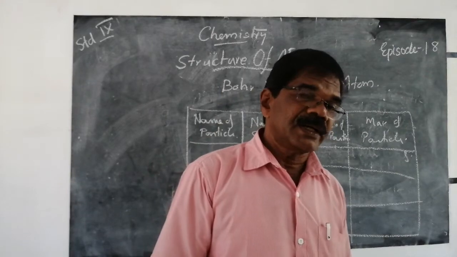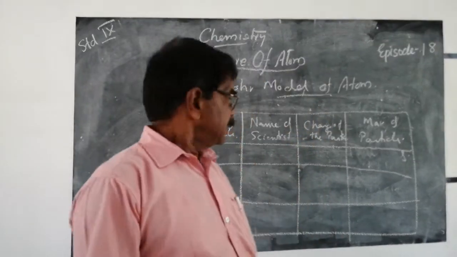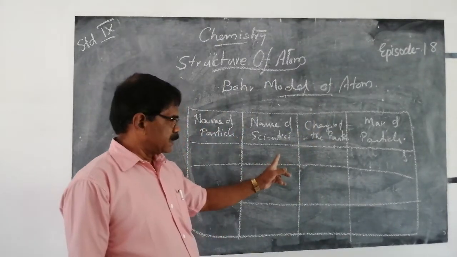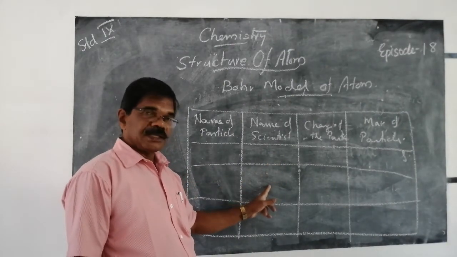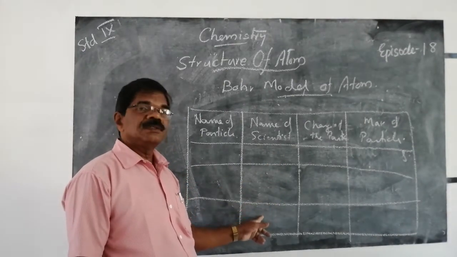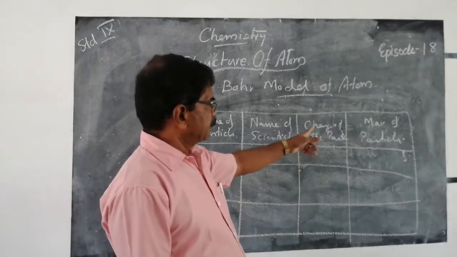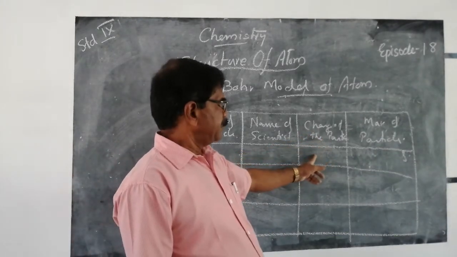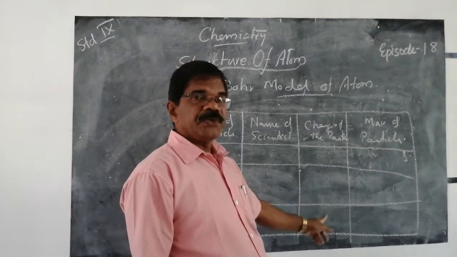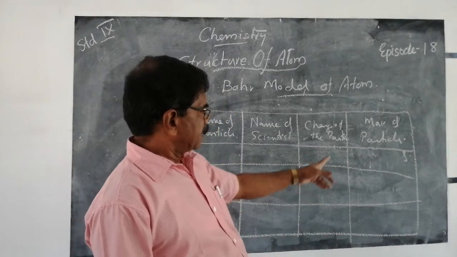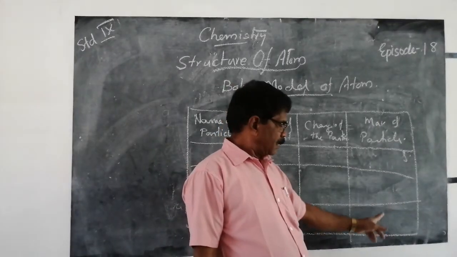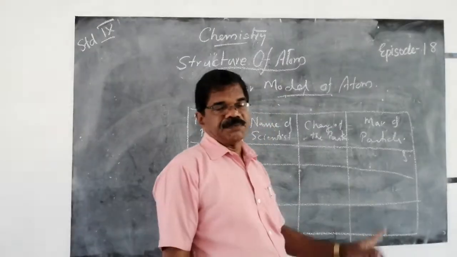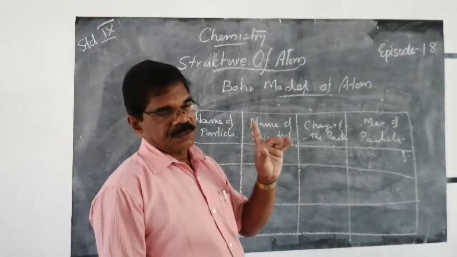Three rows: proton, electron and neutron. Then the second column, the names of the scientists: proton, Rutherford; electron, J.J. Thomson; neutron, Chadwick. Charge: positive, negative, neutral. Mass of the particle: 1, negligible, 1.